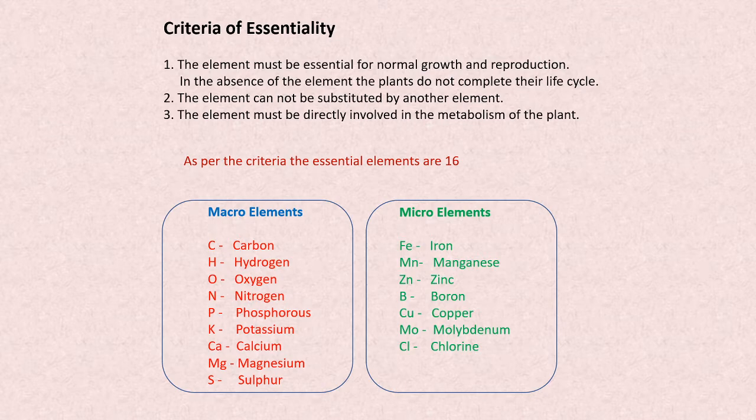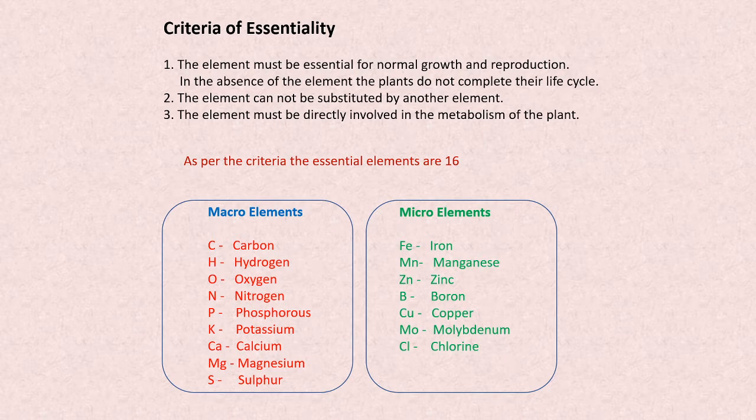If the requirement is 1 to 100 micrograms per gram of the dry weight of the plant, they are considered micro elements. The macro elements are carbon, hydrogen, oxygen, nitrogen, phosphorus, potassium, calcium, magnesium, and sulfur. And the micro elements are iron, manganese, zinc, boron, copper, molybdenum, and chlorine.